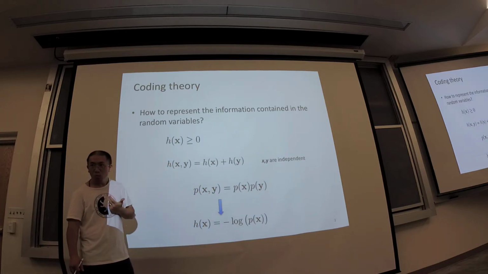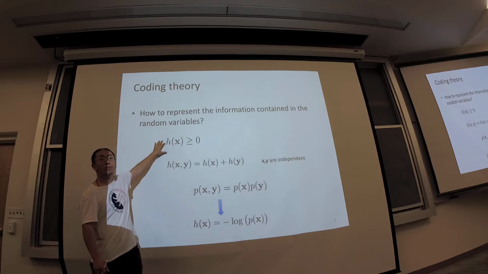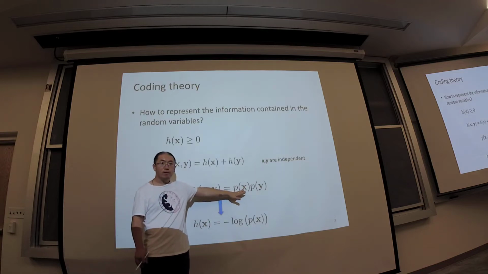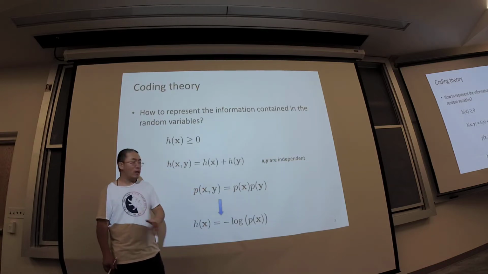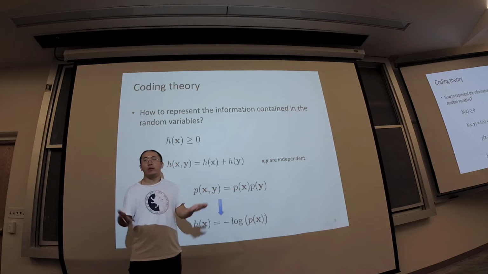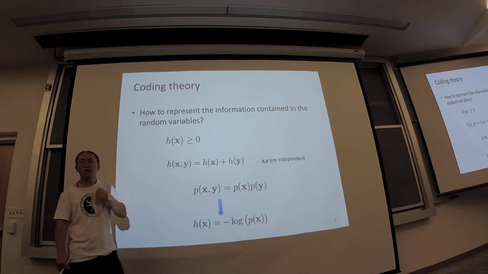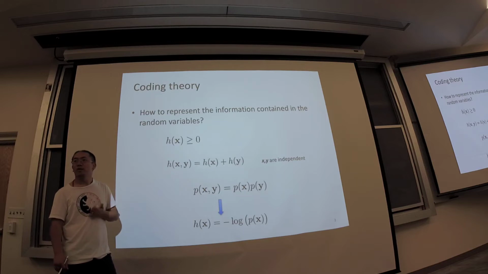But remember, we also want our information to be non-negative. I would not want our information to be negative. That's not intuitive. Then what should we do? The probabilities are less than 1, right? If you directly take the logarithm of that, you get a negative value. But now I want my information measure to be non-negative.